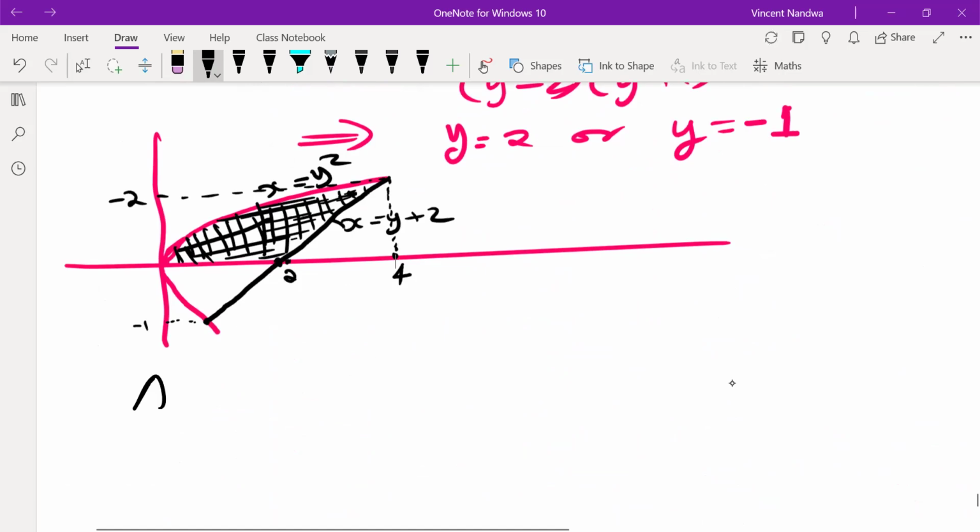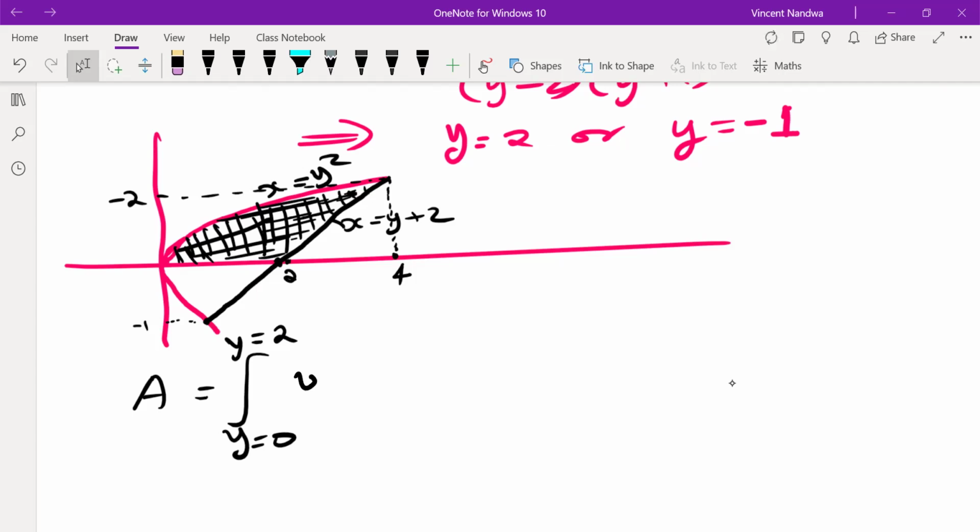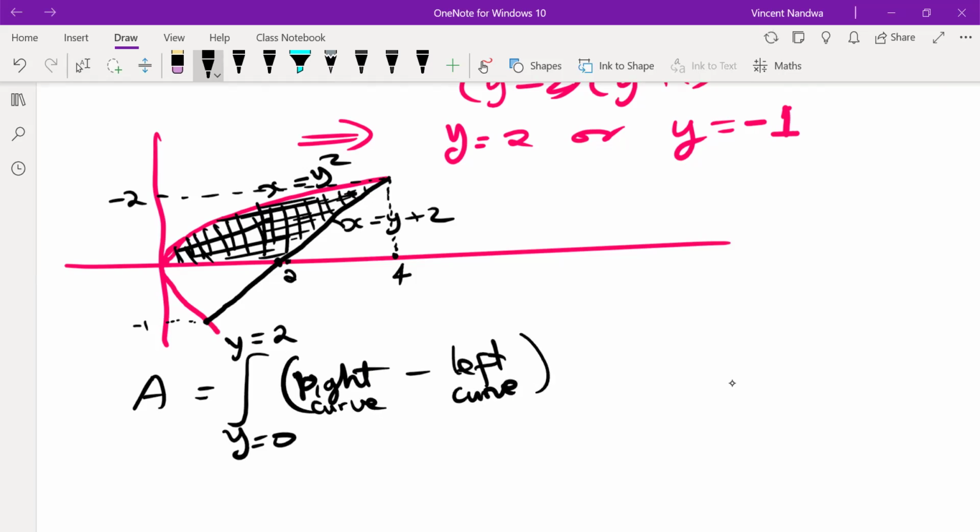So shaded area will be the integral from y equals 0 to y equals 2 of the right curve minus left curve. So remember, in this case, it's always right curve minus left curve. Then dy.